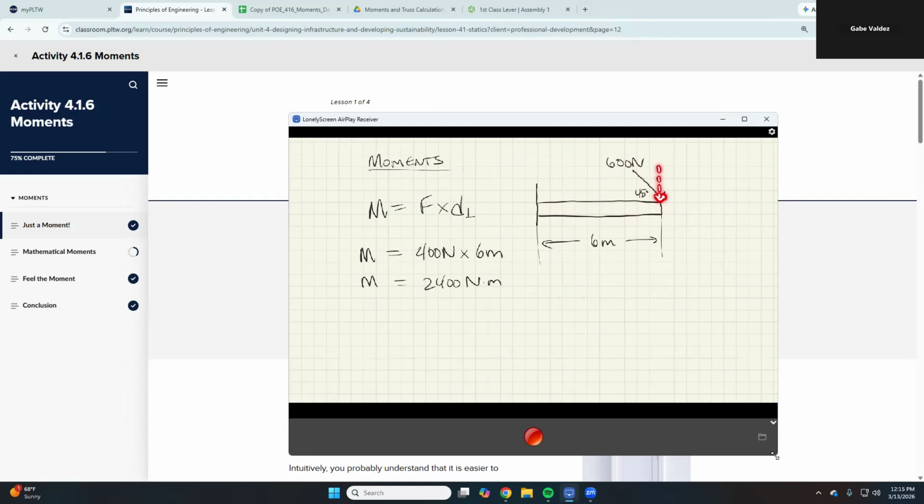So I can replace the 600 newtons with a force in the x direction and a force in the y direction, such that the overall effect on the body is the same. Only the y component of this force is perpendicular to the member itself, and that'll cause rotation about this point of rotation here.